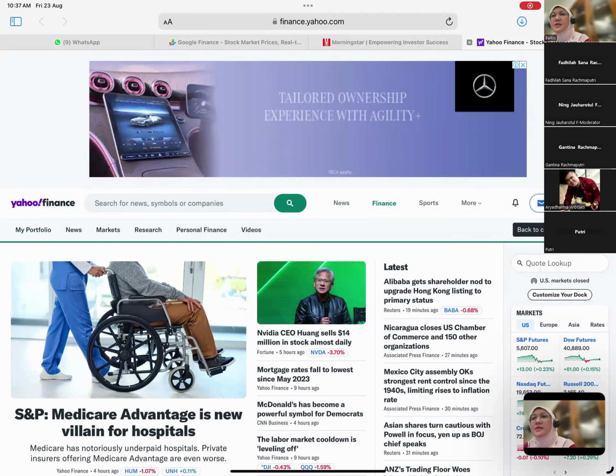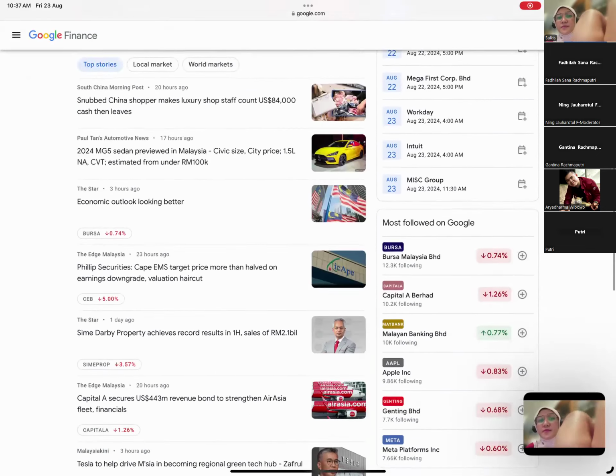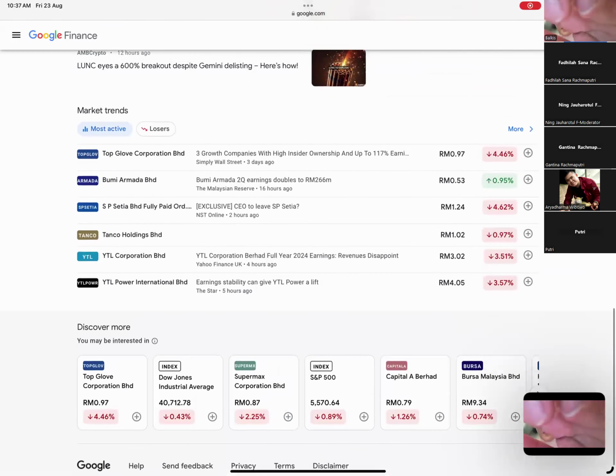For example, Google Finance. Under Google Finance, let's say one of the companies that is part of my sample is Top Glove. Okay, we have Top Glove here.